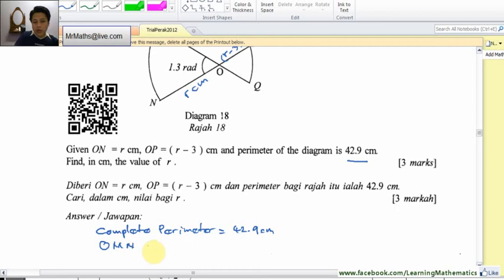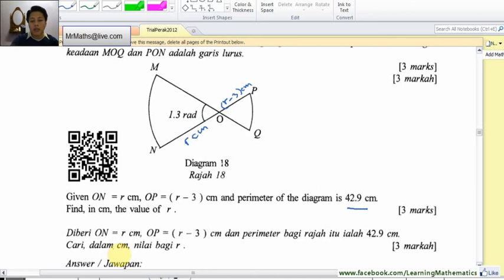OMN plus OPQ, that is equal to 42.9. So what is OMN? OMN is made up of two radius lines, which is r. So that's 2r, and then the curved line MN.